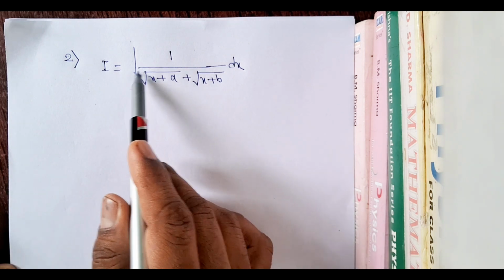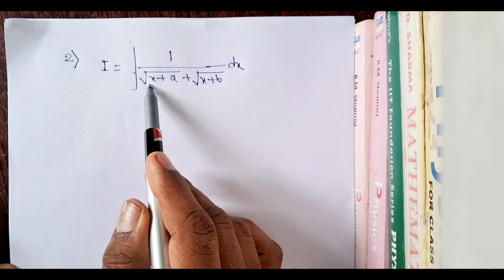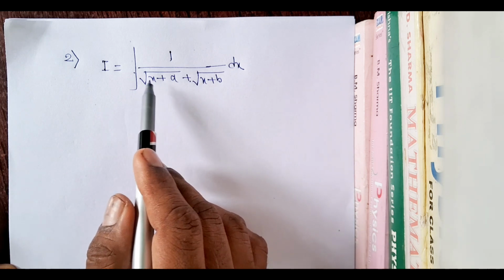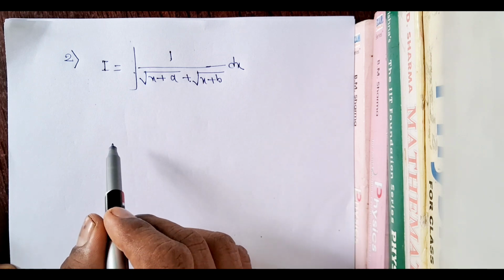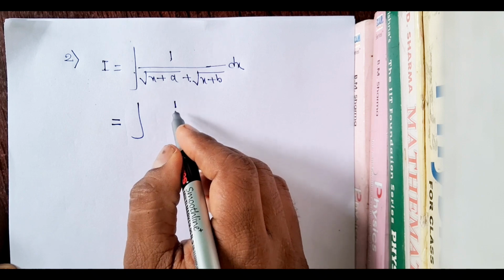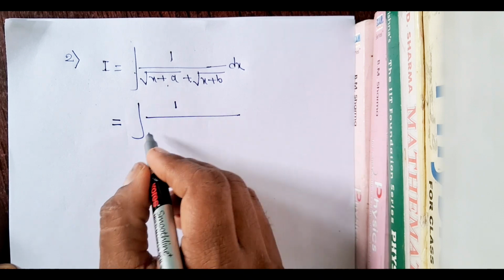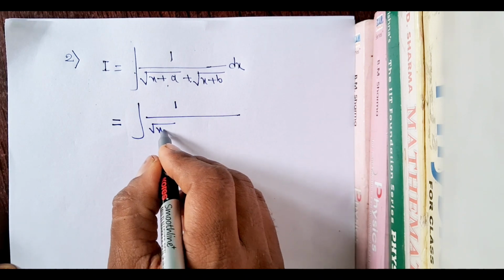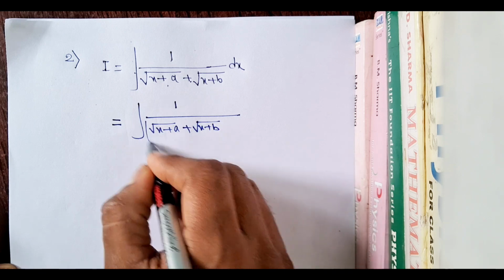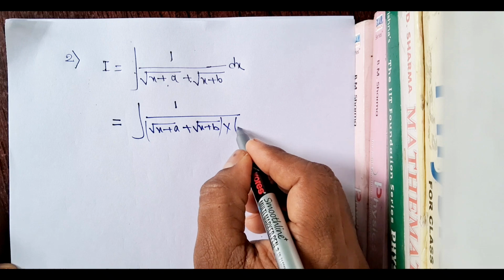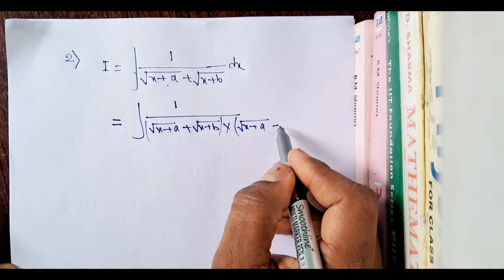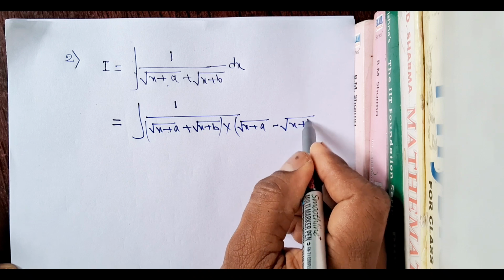Here I equals the integration of 1 over root of x plus a plus root of x plus b. For this you have to do rationalization of the denominator. If you rationalize this, it will be root of x plus a plus root of x plus b, multiplied by its conjugate, root of x plus a minus root of x plus b.